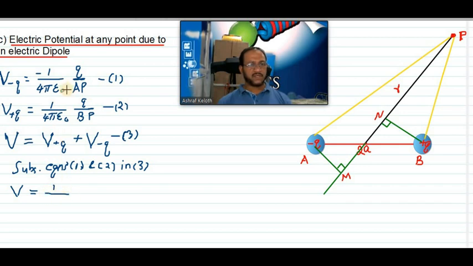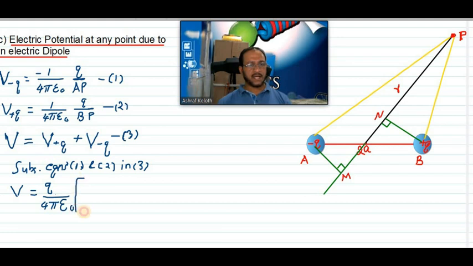We can take from these two equations q by 4 pi epsilon naught as a common factor, isn't it? We'll reduce one step. We'll take the common factor outside first when we add both equations. In both equations, q by 4 pi epsilon naught is a common factor, that is taken outside. q by 4 pi epsilon naught.